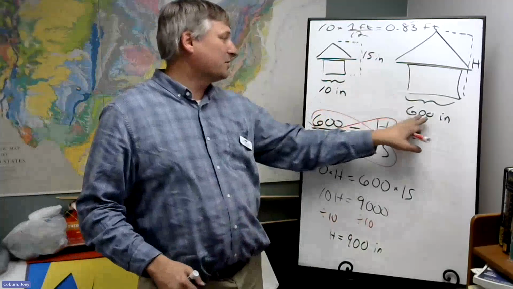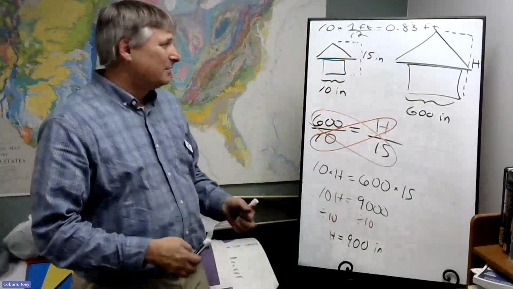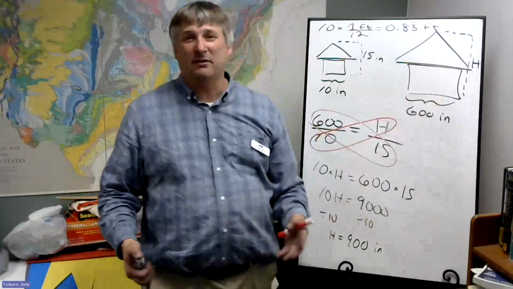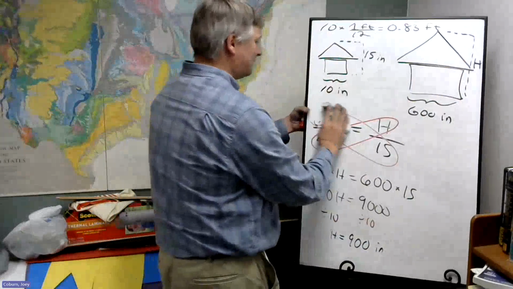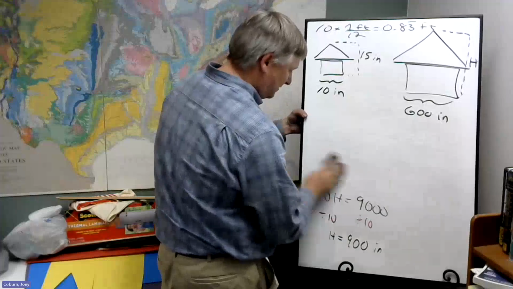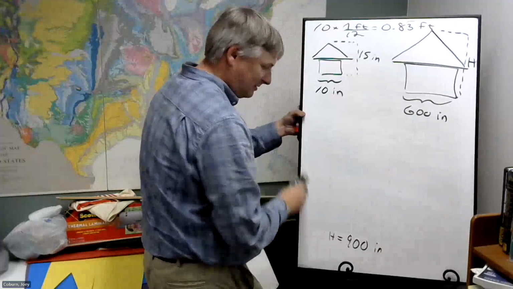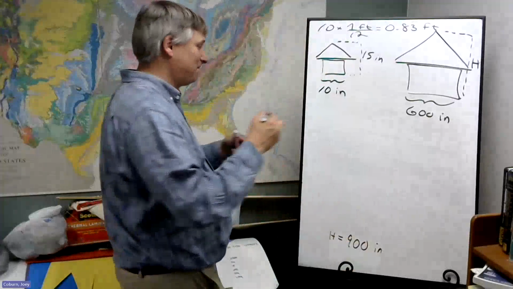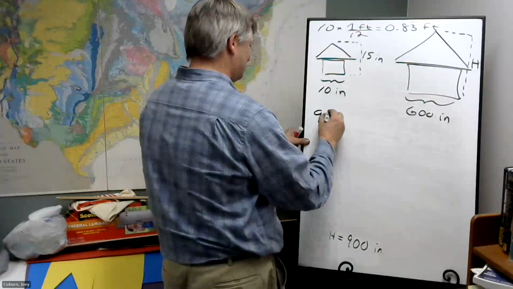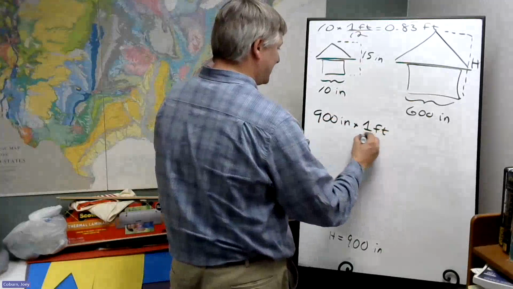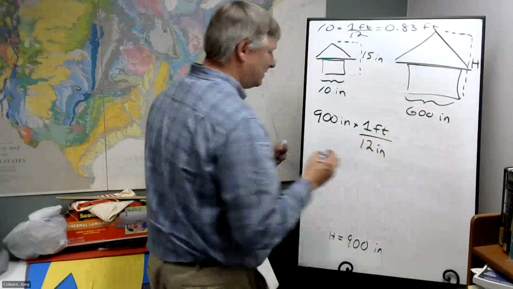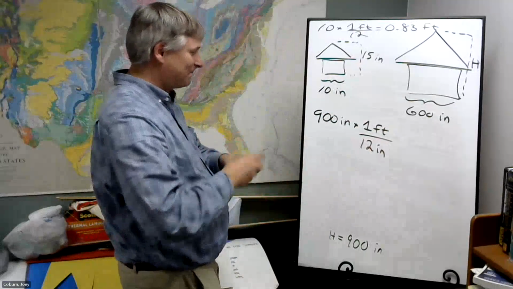We kept these as inches and converted that into inches. But really, this is going to be more understandable as feet. So you've got to convert 900 inches into feet. So now the feet go on top, inches go on the bottom.